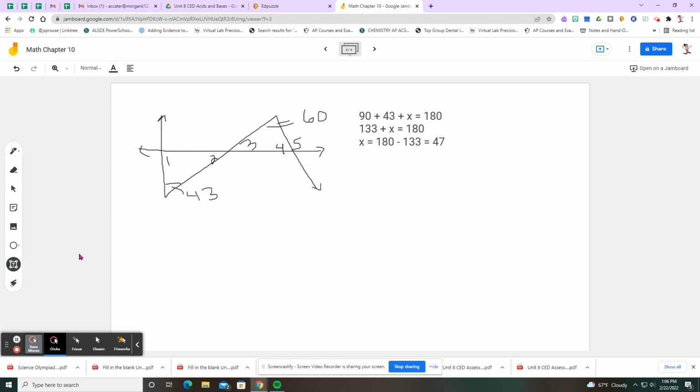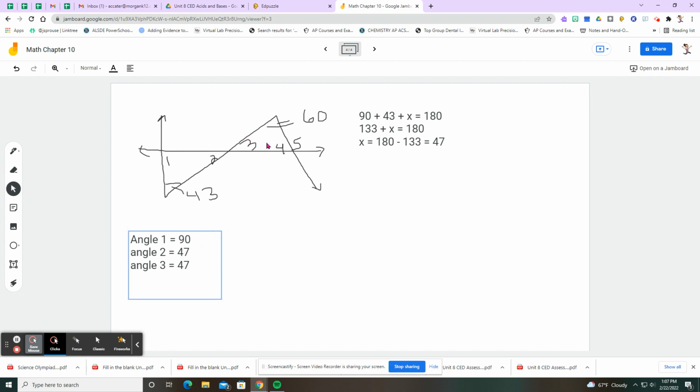So let's start making our list. So angle 1 is 90. Angle 2 is 47. Angle 3 is 47. Again, I know that because those are vertical angles being directly across from each other.